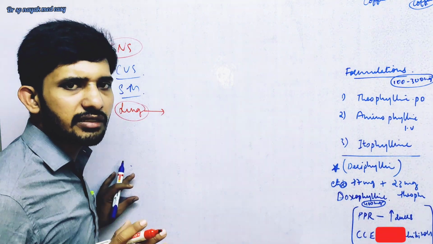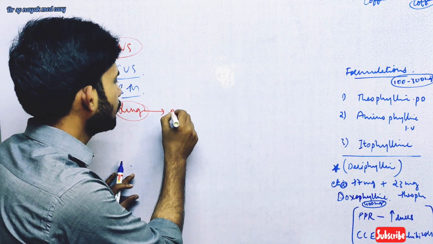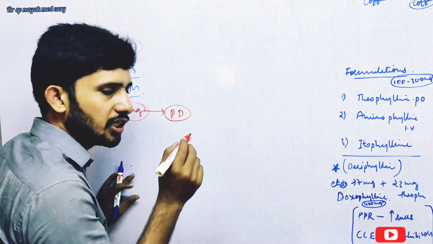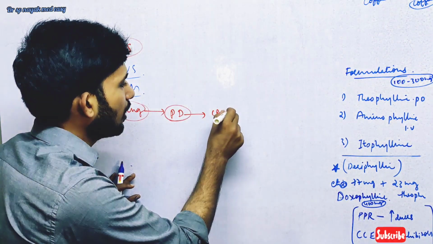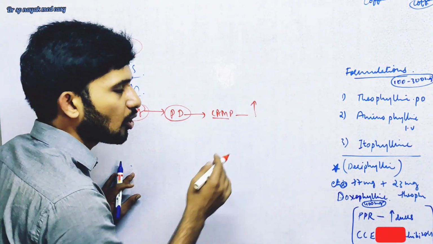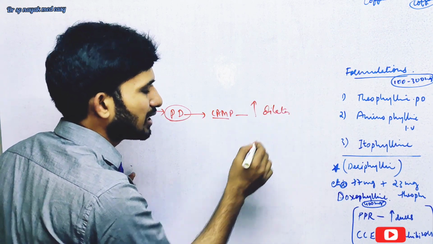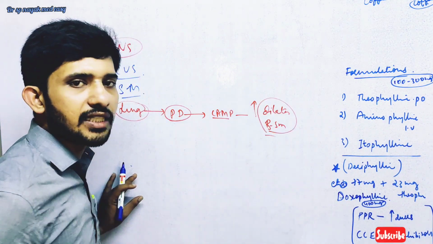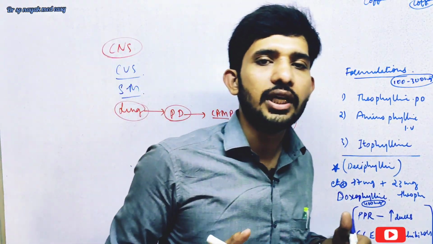When methylxanthines are taken, they inhibit phosphodiesterase enzymes in the lungs, and by inhibiting the phosphodiesterase enzyme, it increases cyclic AMP, and by that it dilates or relaxes the bronchial smooth muscles, and in asthma patients methylxanthines will act like bronchodilators.